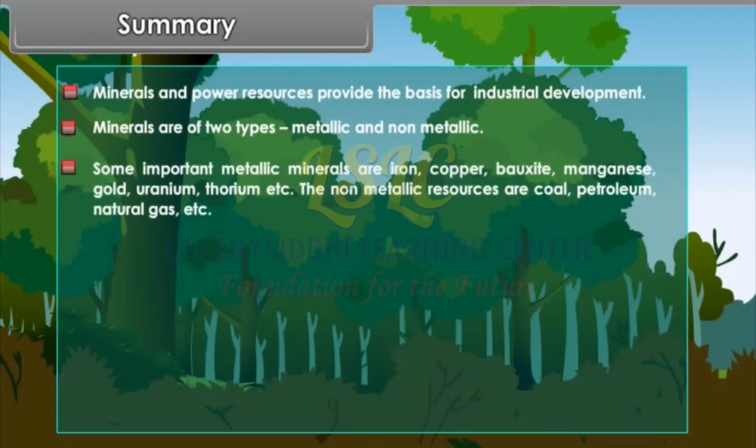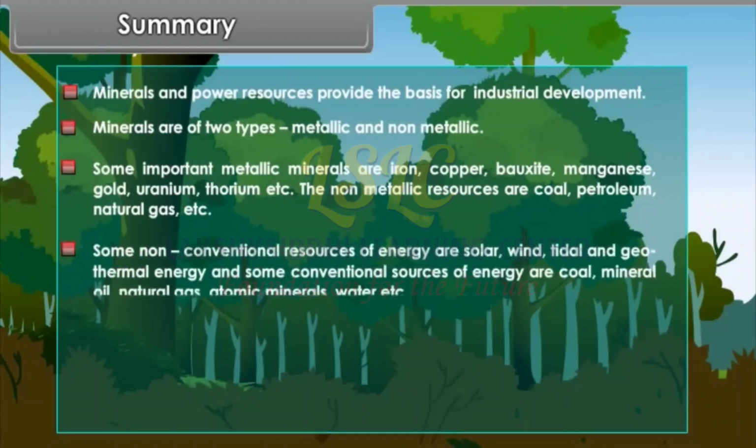Some important metallic minerals are iron, copper, bauxite, manganese, gold, uranium, thorium, etc. The non-metallic resources are coal, petroleum, natural gas, etc. Some non-conventional resources of energy are solar, wind, tidal and geothermal energy, and some conventional sources of energy are coal, mineral oil, natural gas, atomic minerals, water, etc.